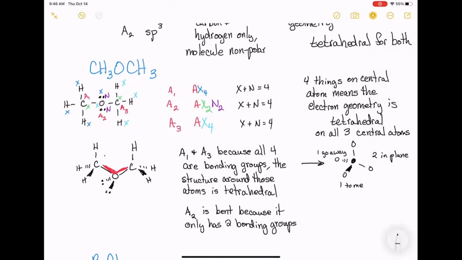So while all 3 of them are tetrahedral from an electronic geometry standpoint, A1 and A3 are tetrahedral from a molecular geometry standpoint. But A2 is bent.